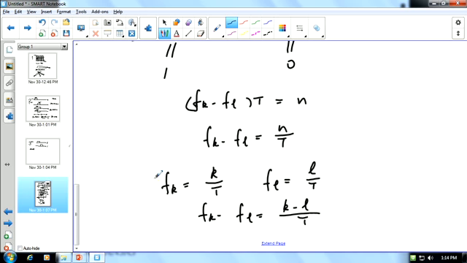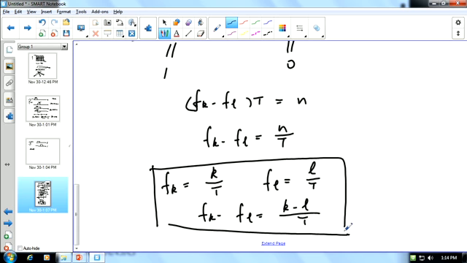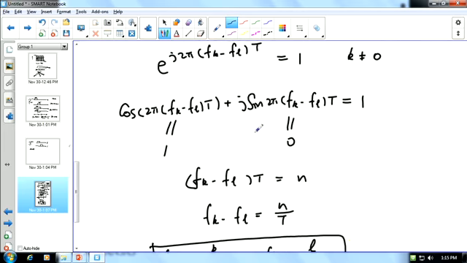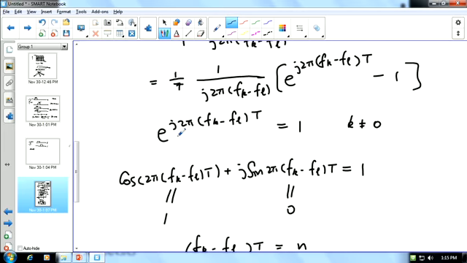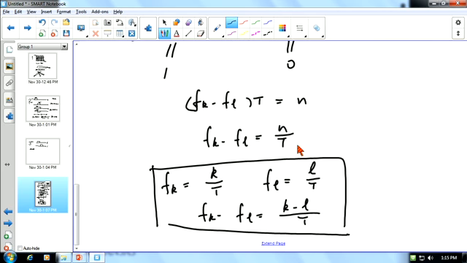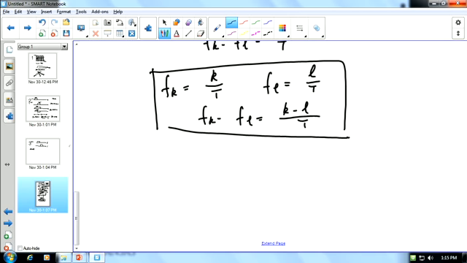So based on this, our e^{j2π(f_k - f_l)T} will be 1. So the signals are orthogonal. We have shown that the signals are orthogonal when k does not equal l.